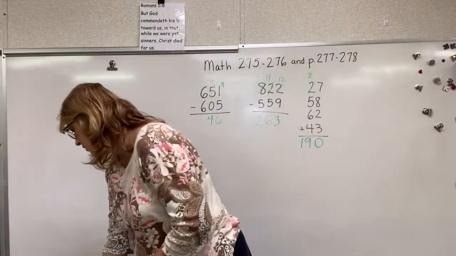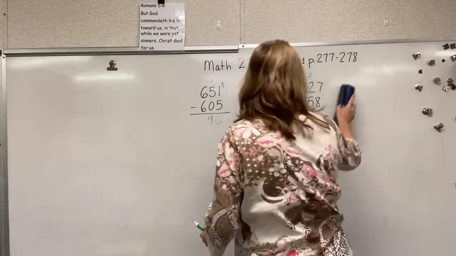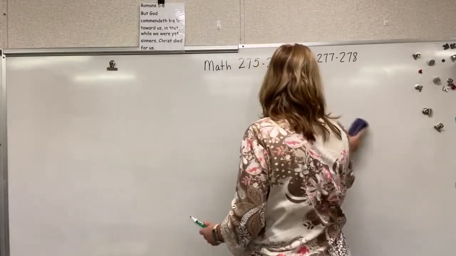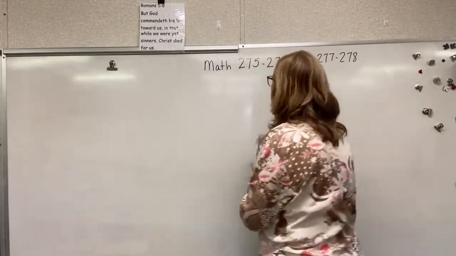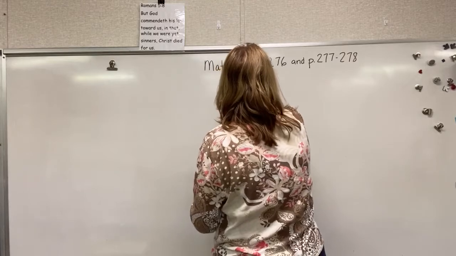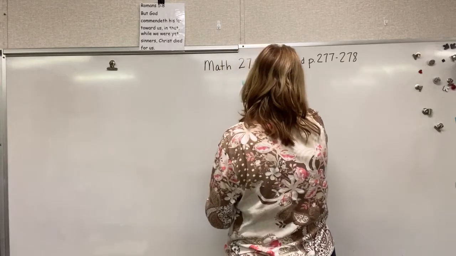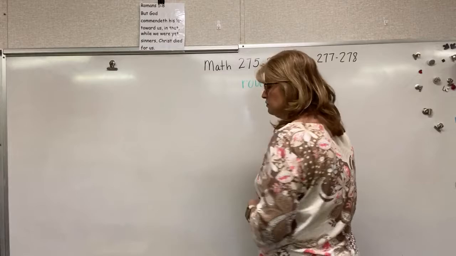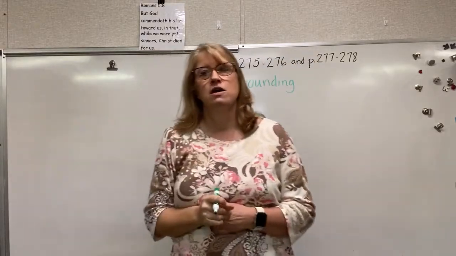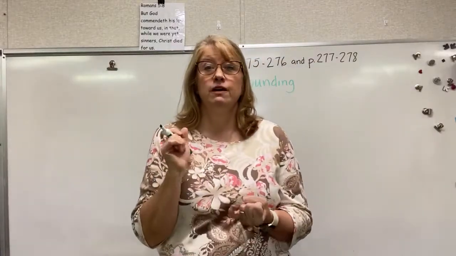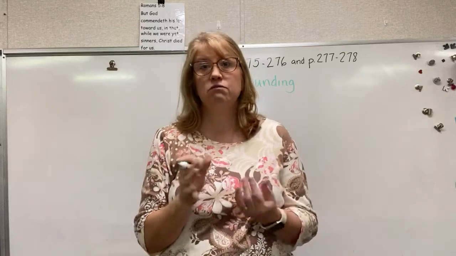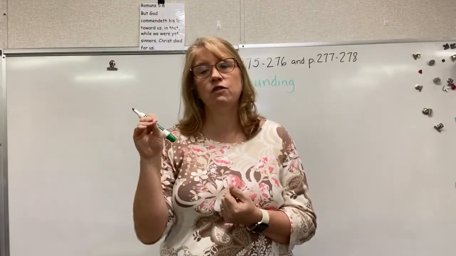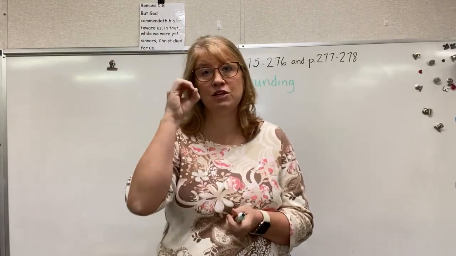Now, we are going to start something totally different that we have not done before, and it is called rounding numbers to tens. Okay, if I say the number 20, what does it have in the ones place? It has a 0.